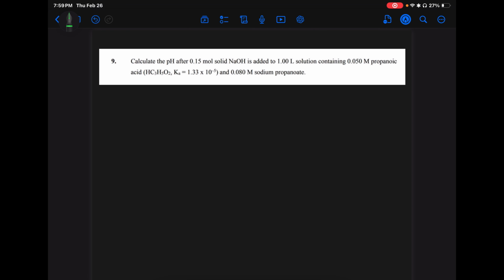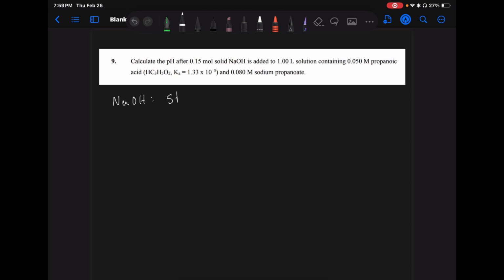The pH is what we need to find after we add 0.15 moles of NaOH to a 1 liter solution containing 0.05 moles per liter propanoic acid and 0.080 sodium propanoate. Okay, so solid NaOH. First we could say right off the bat that this is a strong base, because that's a group 1 ion attached to OH.